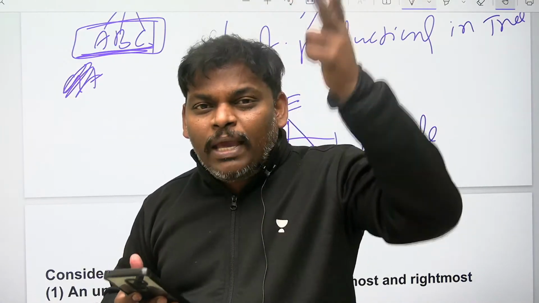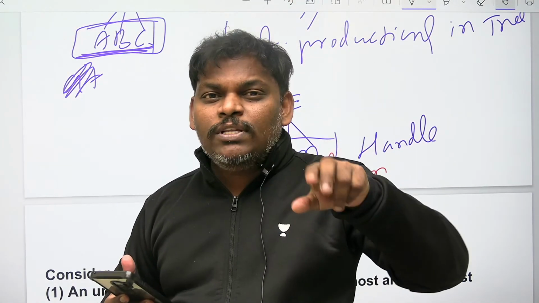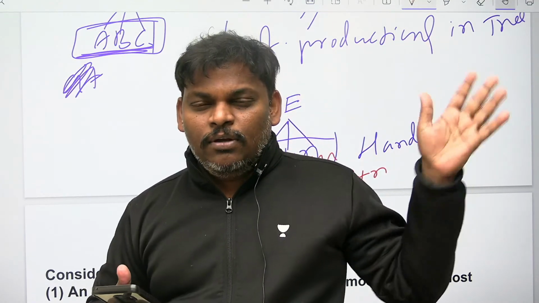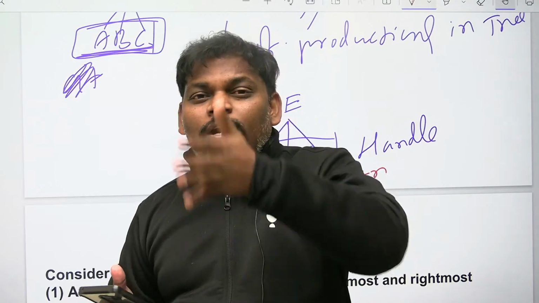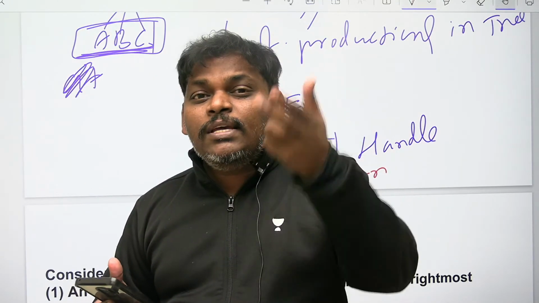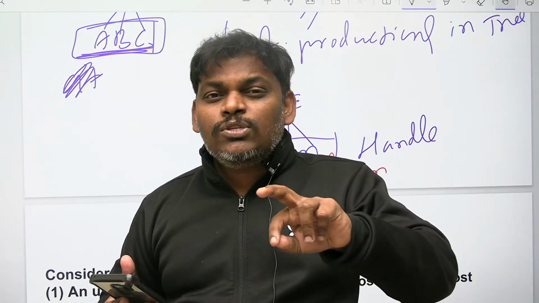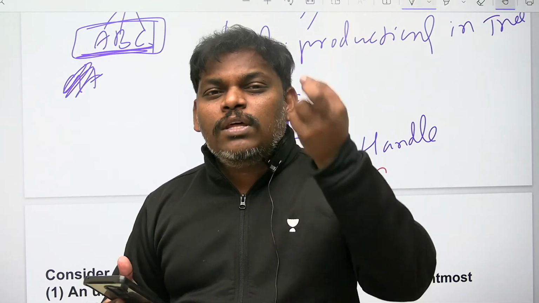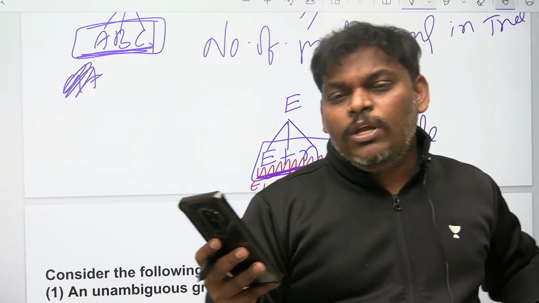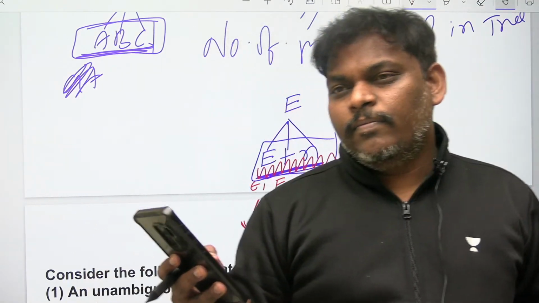In the handle making, whatever prefixes you will see in the stack, that is known as viable prefixes. You are making one handle. In that making, whatever prefixes you will see in the stack, those are known as viable prefixes. One of the viable prefixes is a handle.